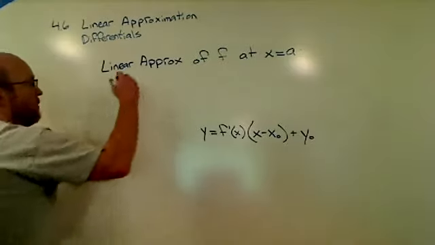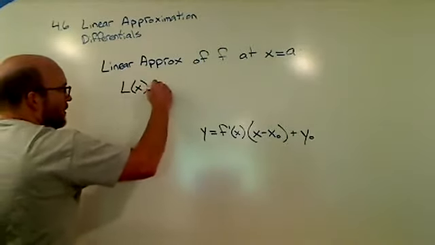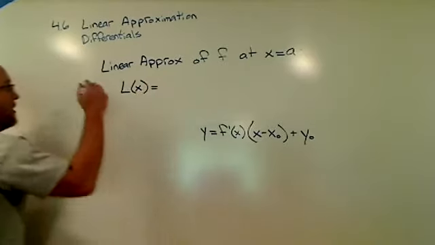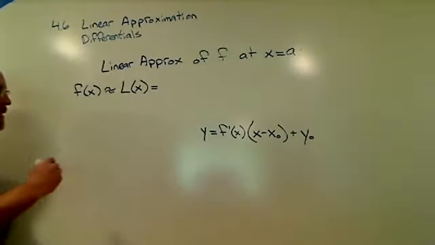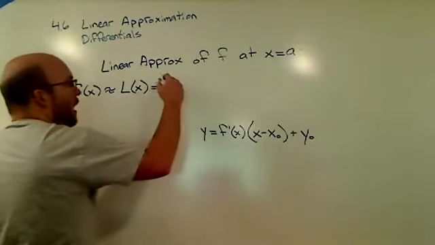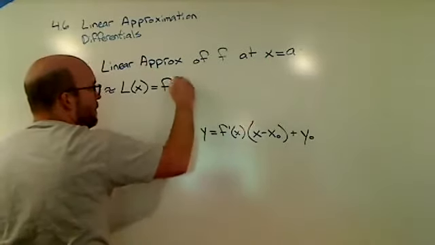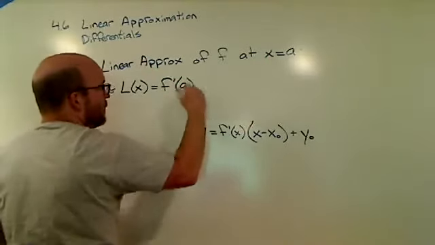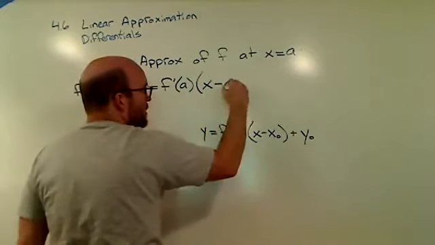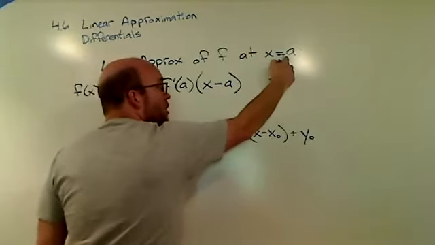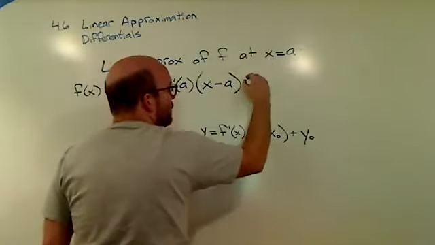Okay, but the linear approximation, our textbook uses L of x to show that it's the linear approximation. I guess I should say, first of all, that f of x is about the same thing as the linear approximation, which is going to be the derivative evaluated at a times x minus a, the x value of the point, plus f of a. And the y value, you always, again, get the y value by evaluating the function at the x value.